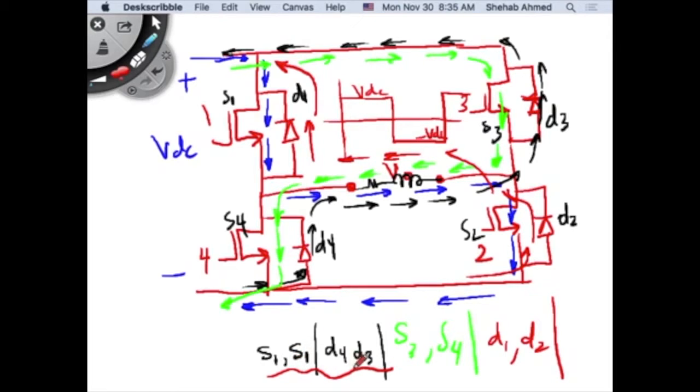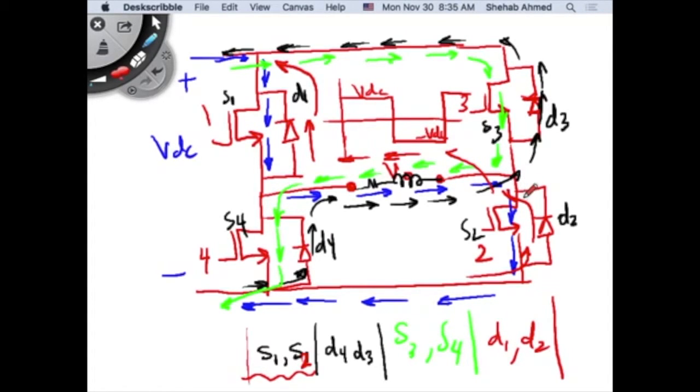But when S1 and S2 are on, during this time I had a period of positive current. This is S1 and S2 here. What was the direction of current flow here? With S1 and S2, current flows this way.